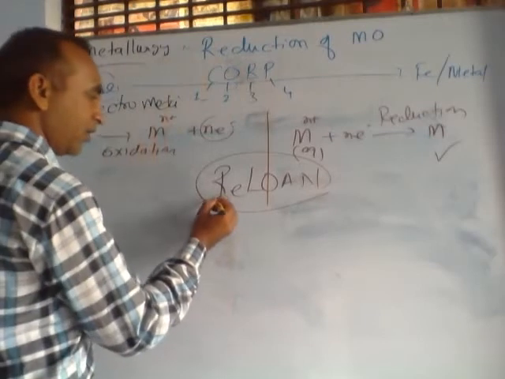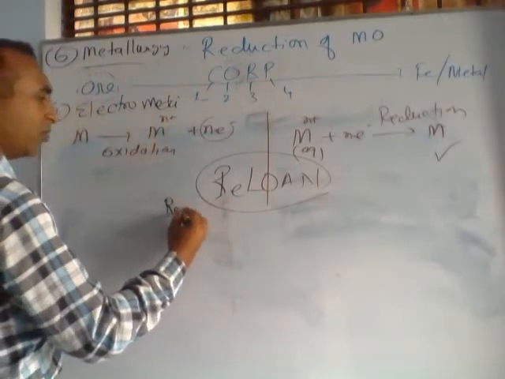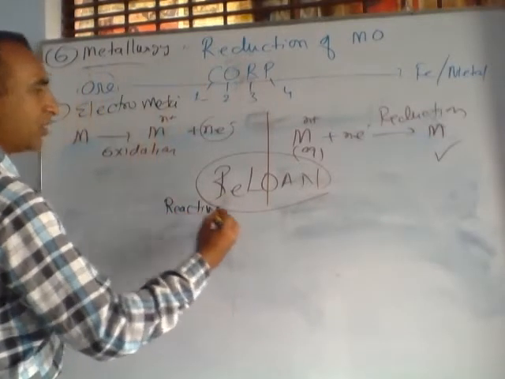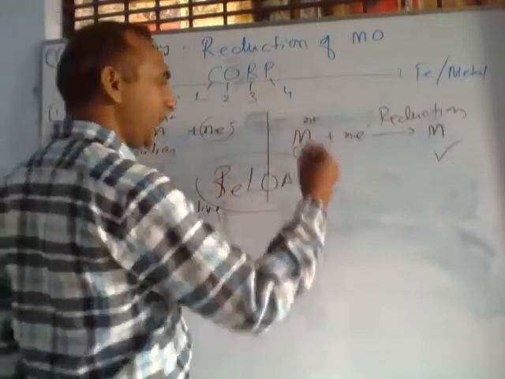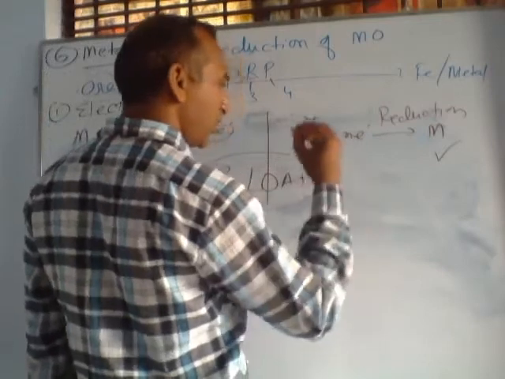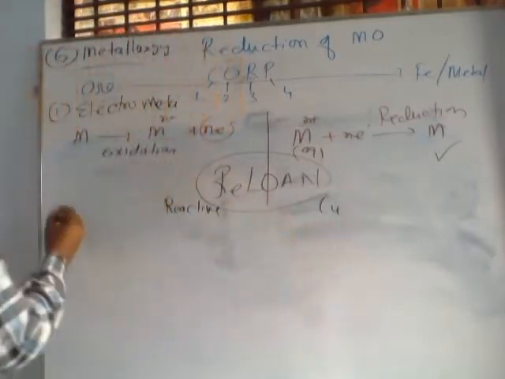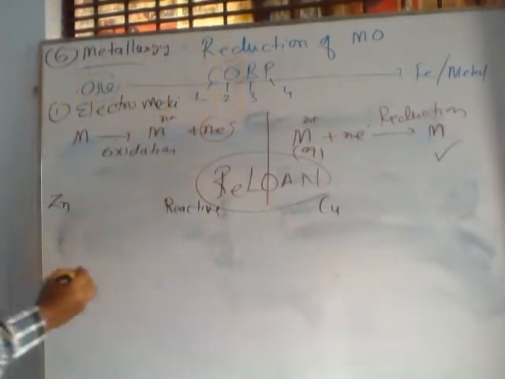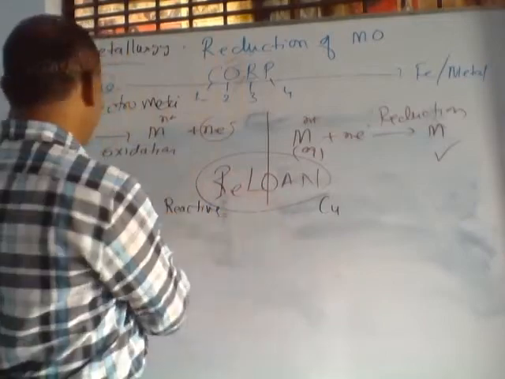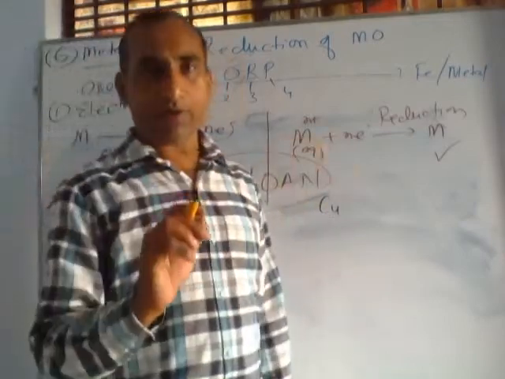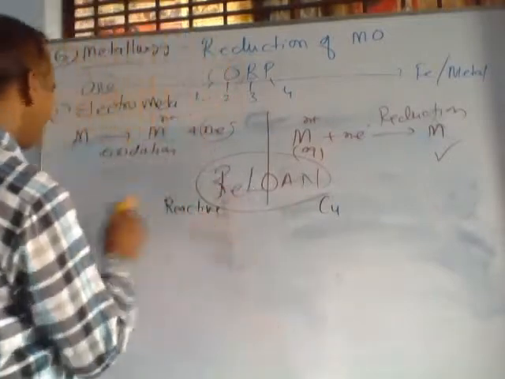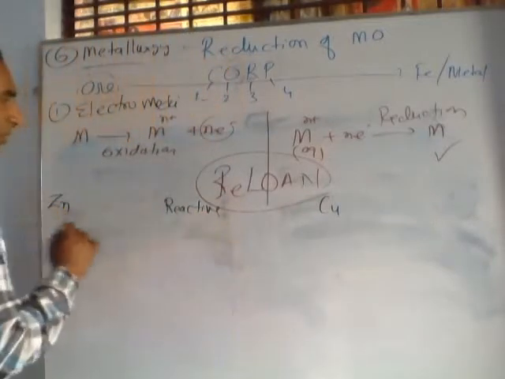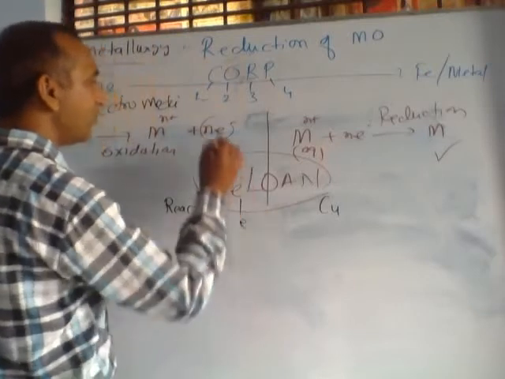Here Re means more reactive. Suppose we are using two different metals, here copper metal and here zinc metal. We know zinc is more reactive than copper on the basis of the electrochemical series. So R means more reactive metal. E means electron removal.